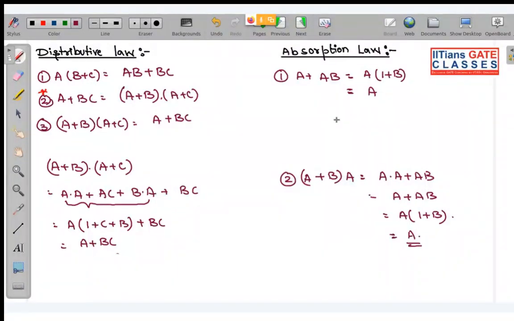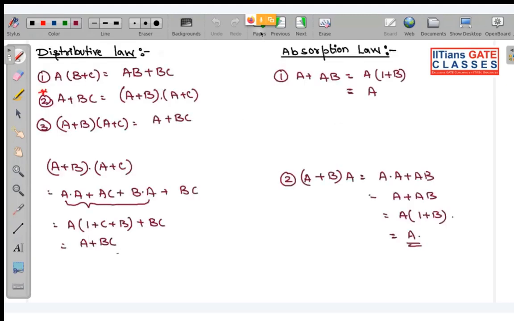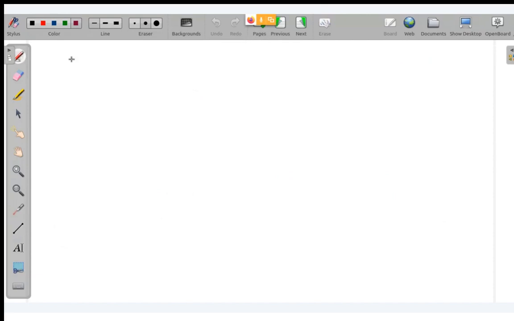Okay, so any doubt up to this point, let me know. Any doubts, anyone? No, sir. Okay, fine. So now let me ask you one thing. De Morgan's theorem we have already discussed. But before going to De Morgan's theorem, I remembered one thing.